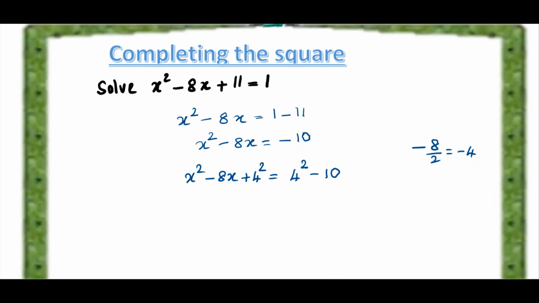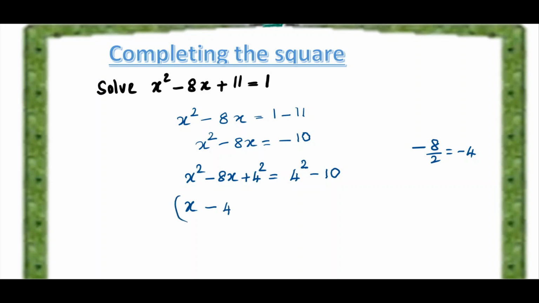Let's write this in brackets. How to write this in a bracket? x minus half of the coefficient of x. x minus half of the coefficient of x, that is 4.